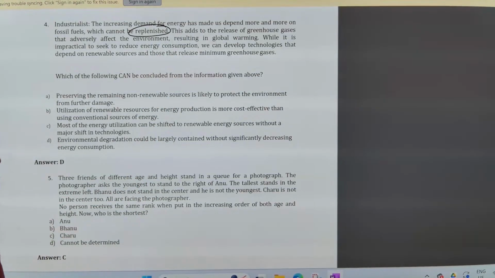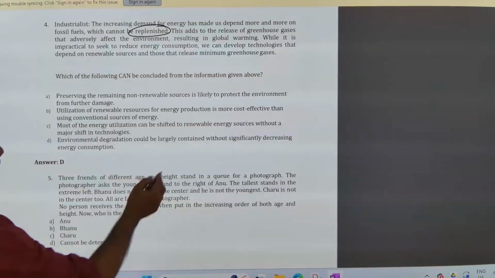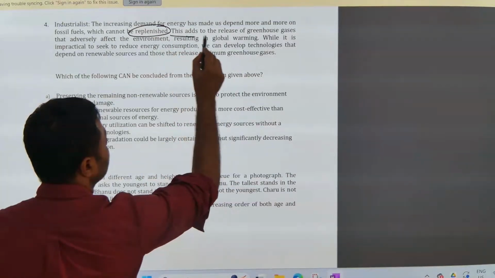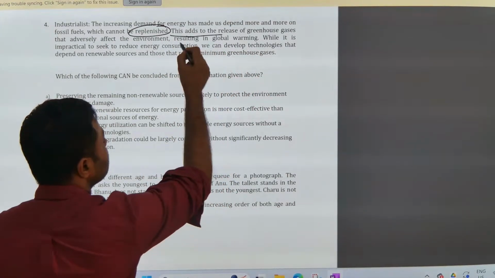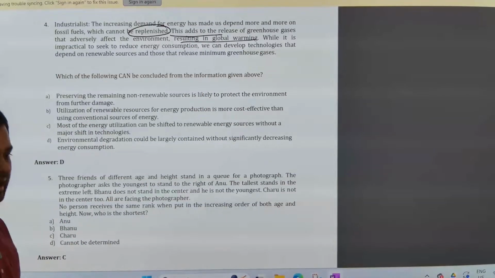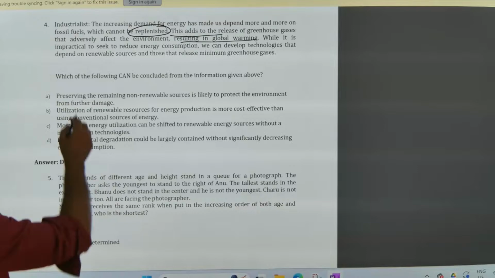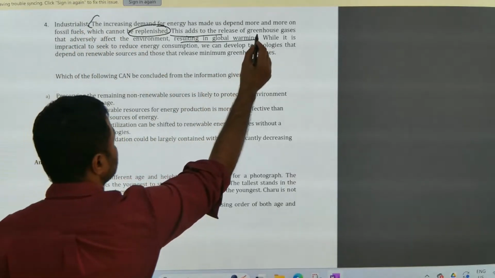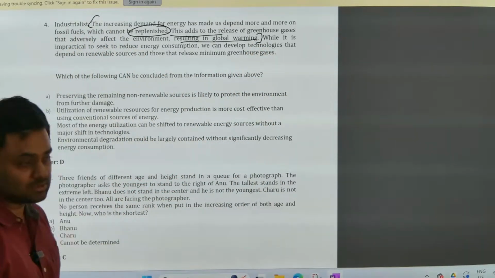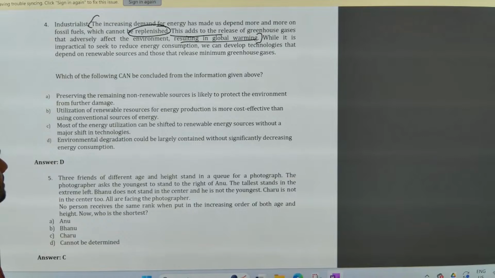Once they are gone, they are gone. This adds to the release of greenhouse gases that adversely affect the environment, resulting in global warming. So, more usage of fossil fuels adds to the release of greenhouse gases, that we all know. So, till now, there is nothing that has been said by this industrialist which is of significance.